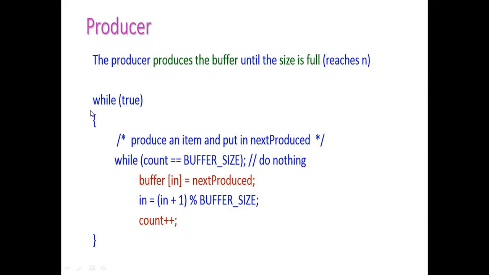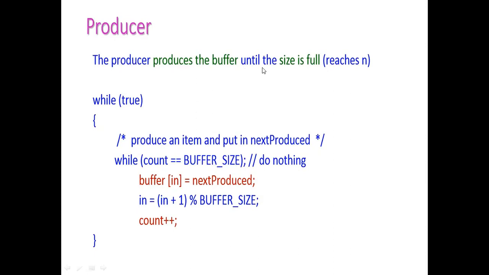Inside the while condition, there is another while condition that needs to be satisfied. That is, if the count is equal to the buffer size, that is, if the buffer is full, we cannot do anything.